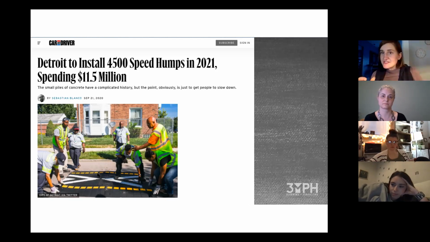The level change forces drivers to slow down right at intersections where they're most likely to have a conflict with a pedestrian. It also makes it so people who use wheelchairs do not have to deal with a level change. They get to continue along a straight path. So that also can be a good tool.